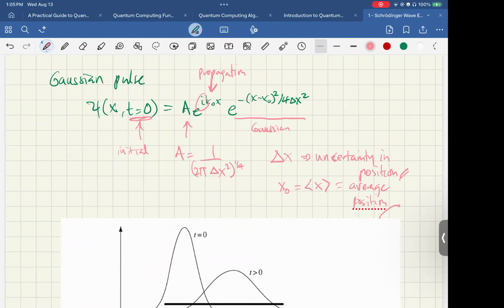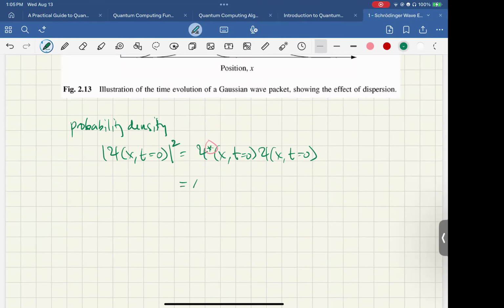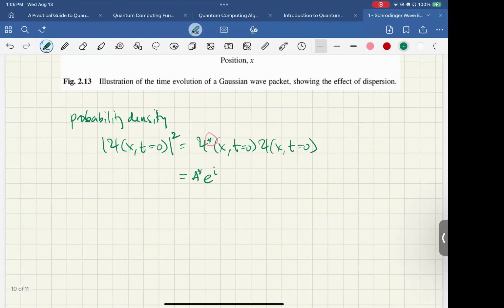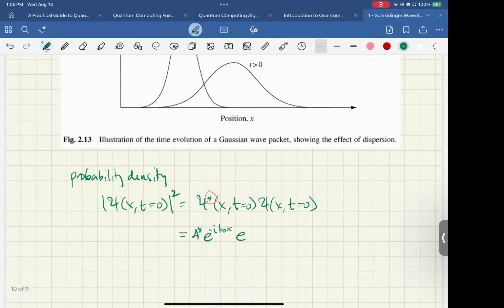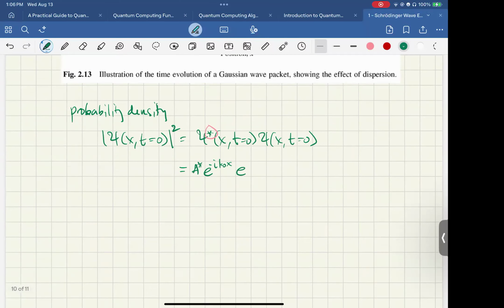So we have a star a exponential negative i k naught x, and then exponential negative x minus x naught squared over delta x squared. Then a exponential i k naught x exponential negative x minus x naught squared over delta x squared.